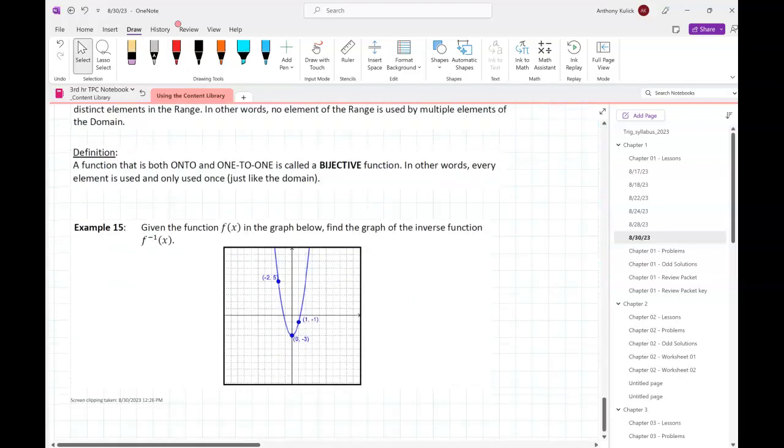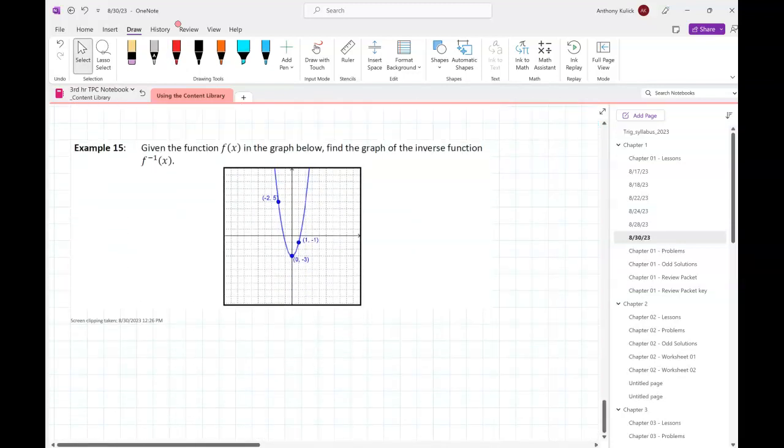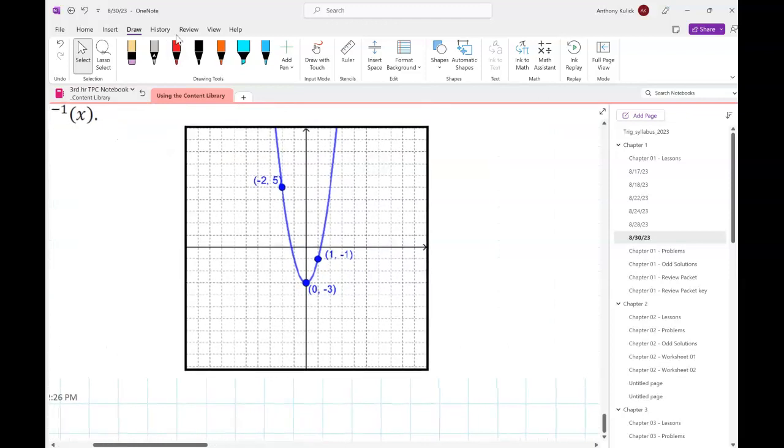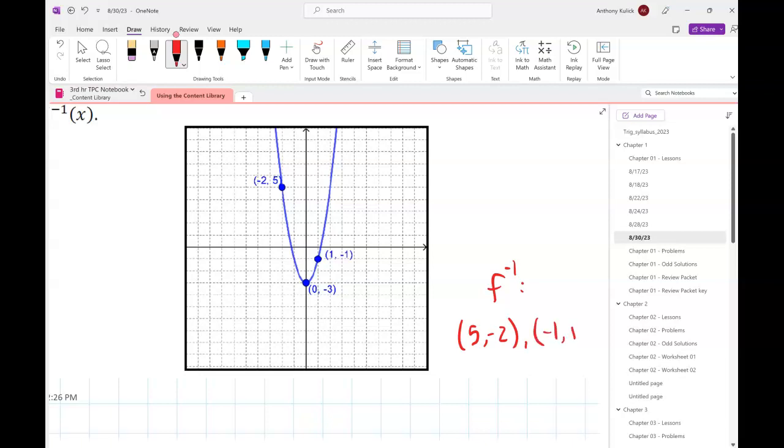Okay. Let's look at this example. It says, given the function f of x in the graph below, find the graph of the inverse of f. So what I would do is I know that f inverse should have the points (5, -2), (-1, 1), and (-3, 0).